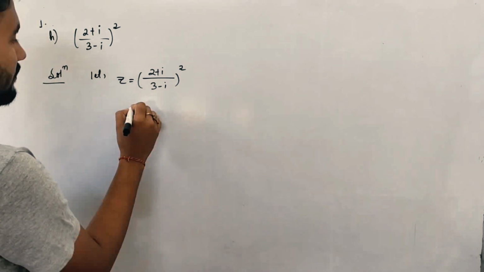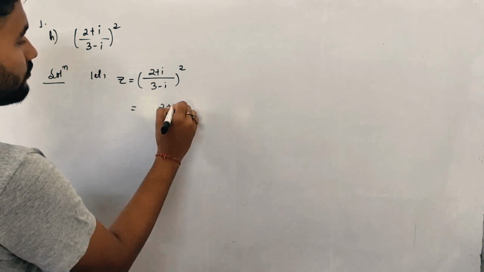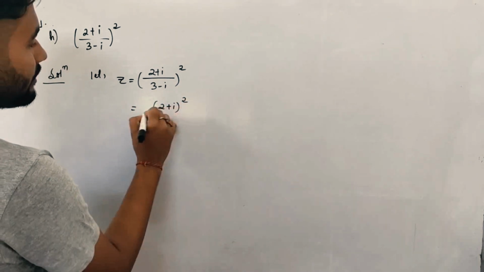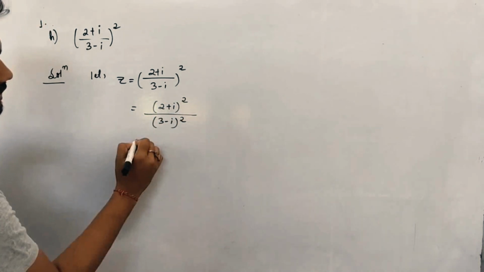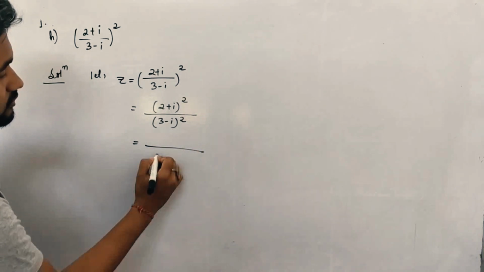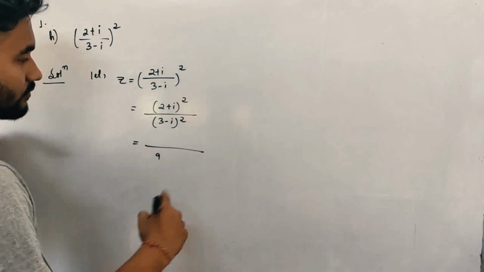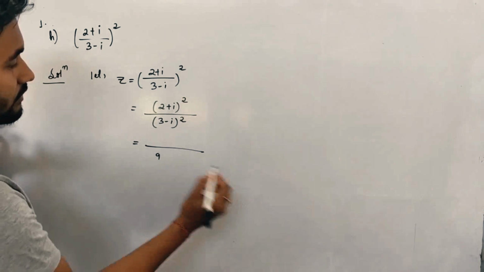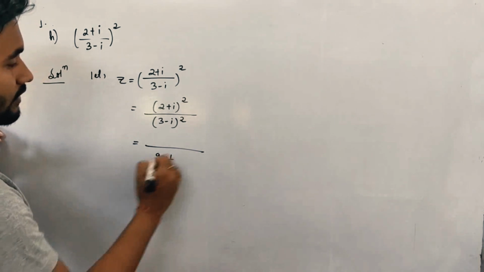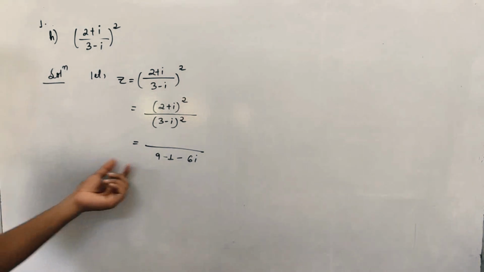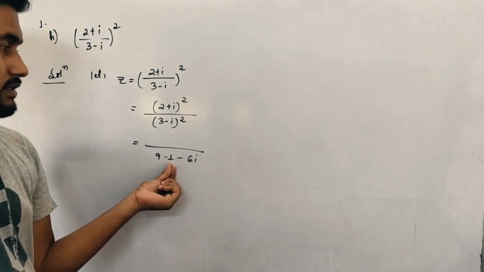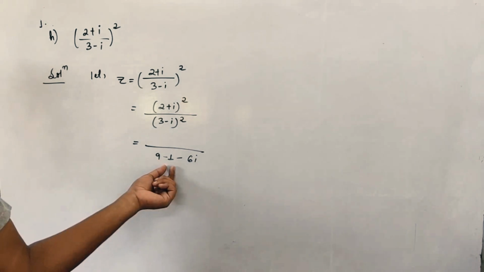Now if I keep on simplifying, this will become (2 plus i) whole square divided by (3 minus i) whole square. This is (a minus b) whole square: 3 square is 9, then i square is minus 1, then minus 2 times 3 is 6i. It is a square minus twice ab plus b square, but since it is i square, it will become minus 1.